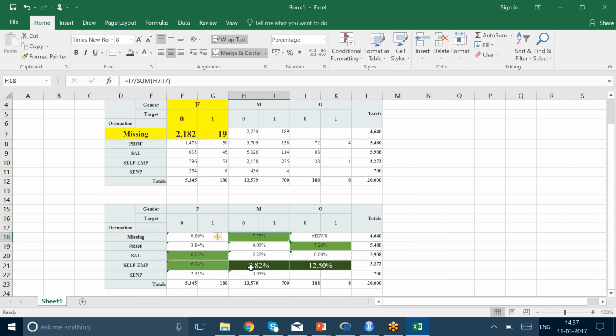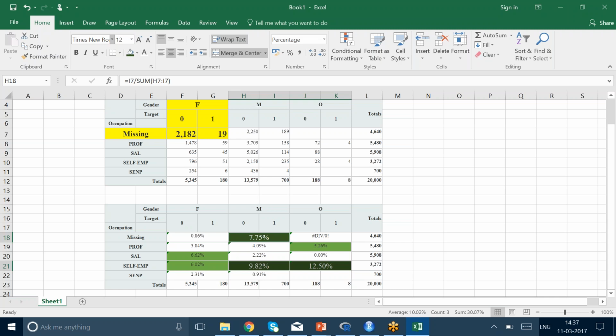Going by self-employed male and others would be the best one. If I have still further resources to target, then I should go in the missing male category. That would have made more sense than going in self-employed female. So what is happening is when I start moving from a one dimension perspective to a two dimension perspective, I get finer segments.